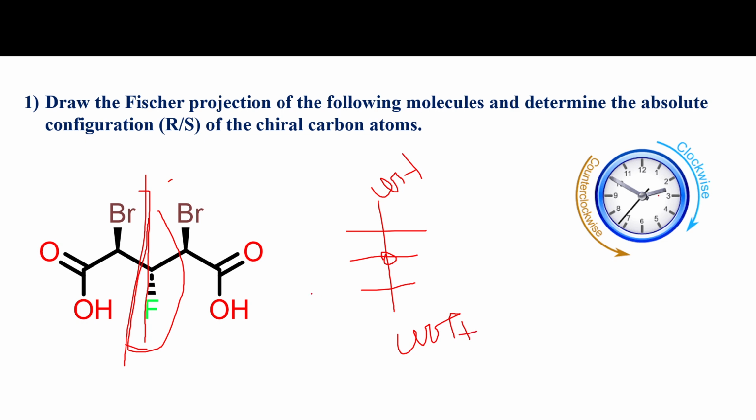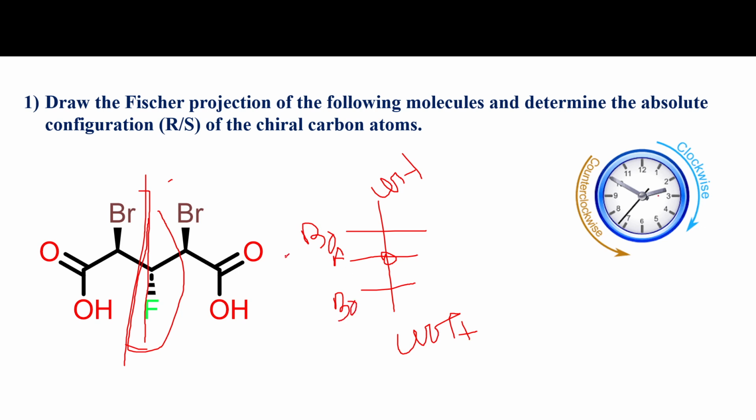Now, what do you get? Br is above the plane, so it will be placed here. Next fluorine will be placed here. Next Br placed here.